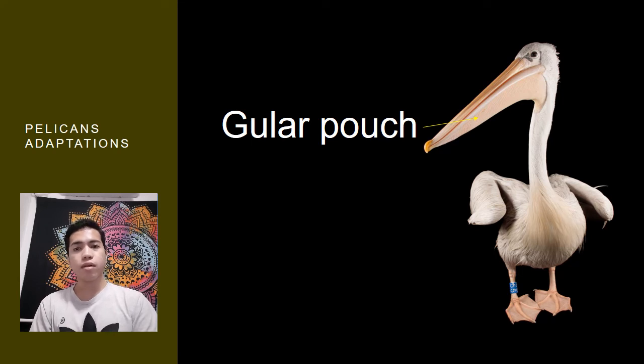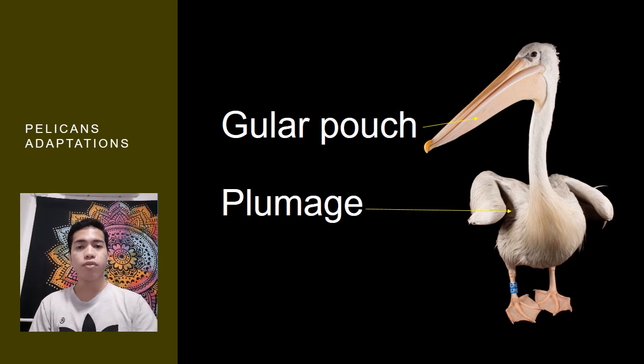So the next adaptation is the plumage. The pelican plumage is waterproof due to the secretion of preen glands, which the bird rubs with its bill and head before transferring the oil to its plumage. The secretions of the preen gland empty to the skin surface through one or more nipple-like pores.